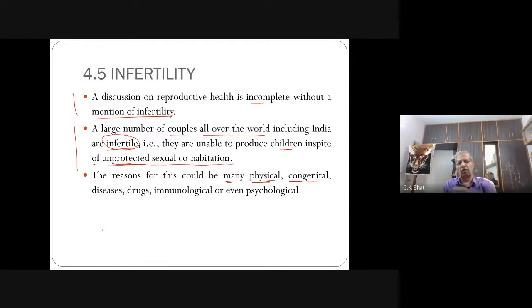Some of these defects may be right from birth or may occur afterwards. Some diseases, as you know, also result in infertility. Extreme excess use of drugs, immunological or even psychological situations may also be responsible for this, right?